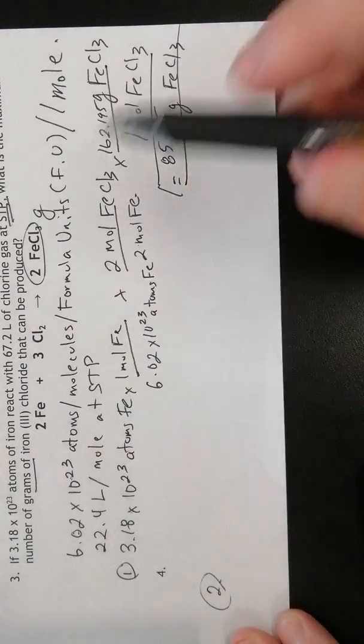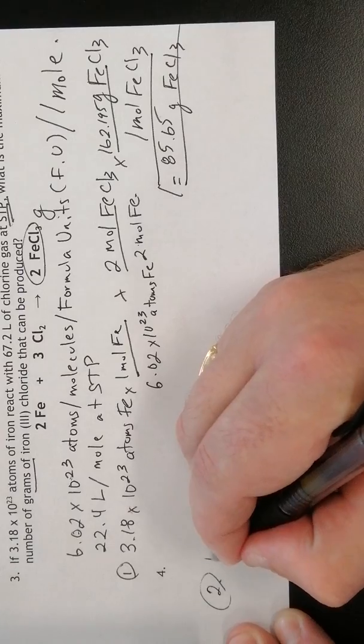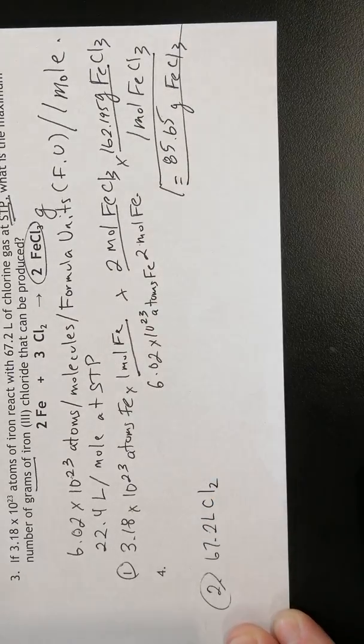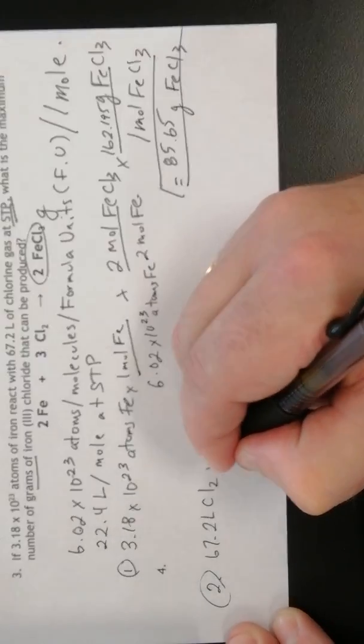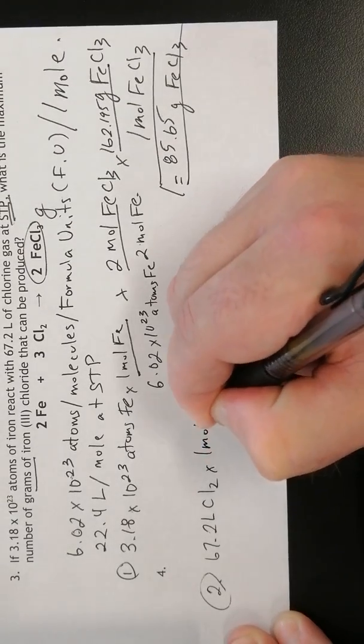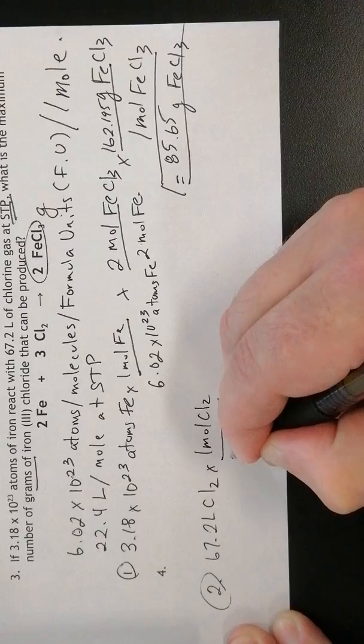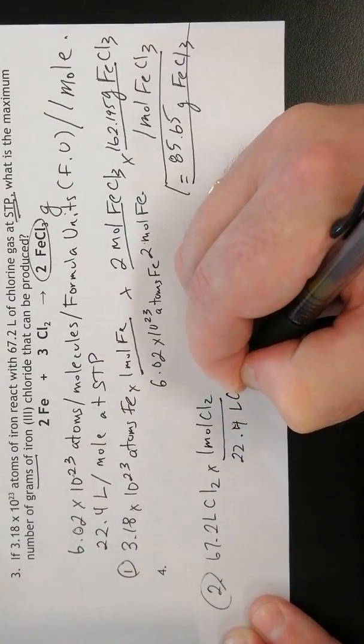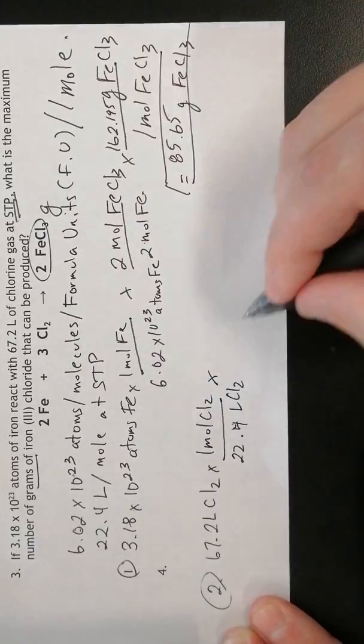So this one, I want to look at the chlorine gas, and I've got 67.2 liters of chlorine gas. 1 mole of chlorine gas at STP is equal to 22.4 liters of chlorine gas.